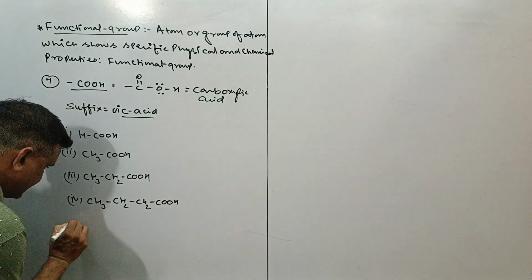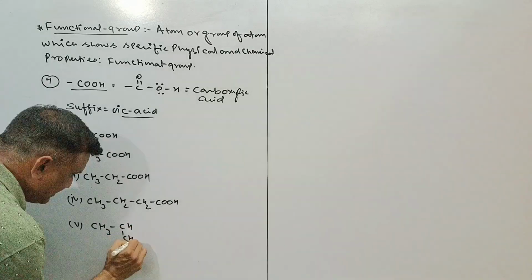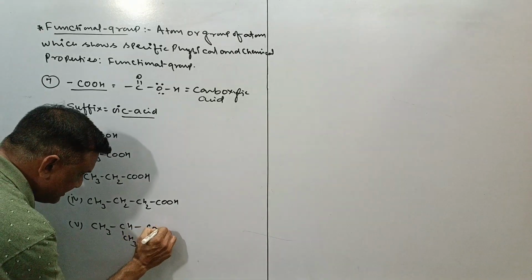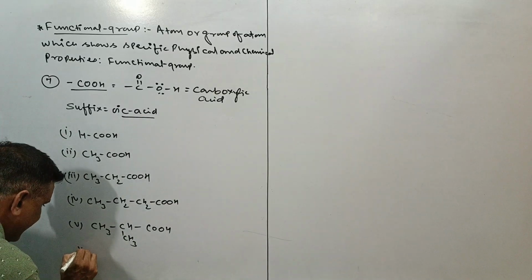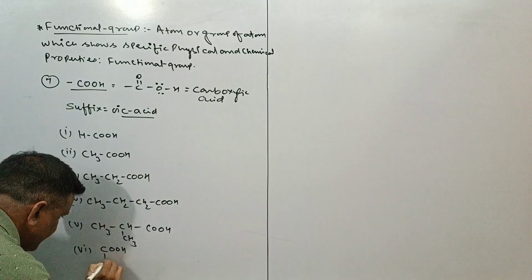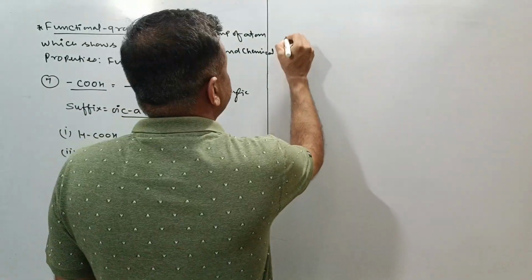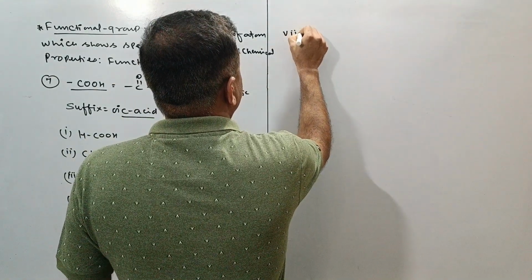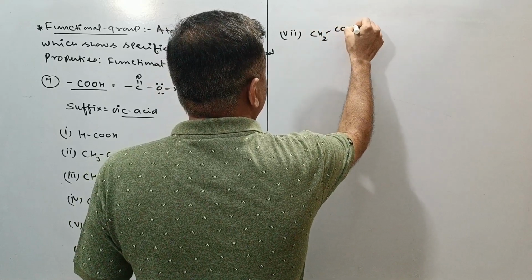This is the fifth example, CH3CH(CH3)COOH. This is the sixth example, with COOH. This is the seventh example, like CH2 COOH.